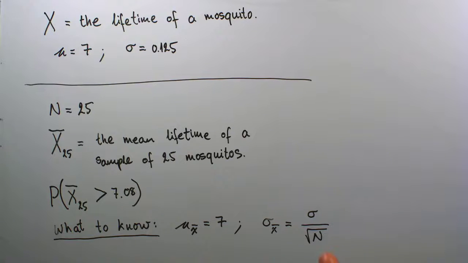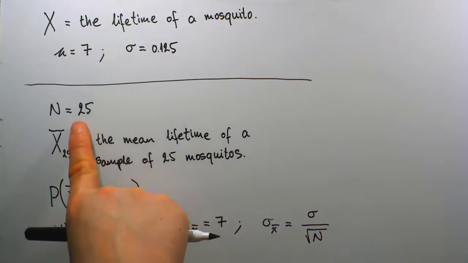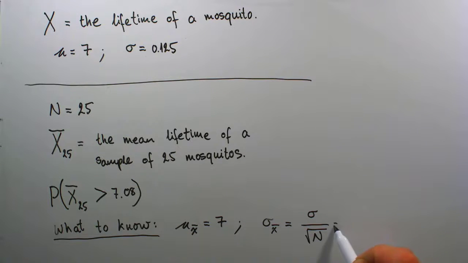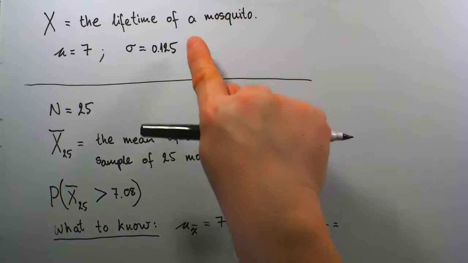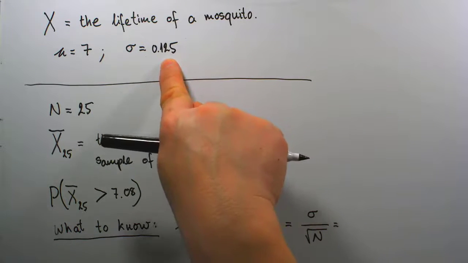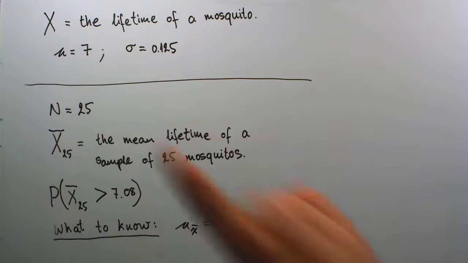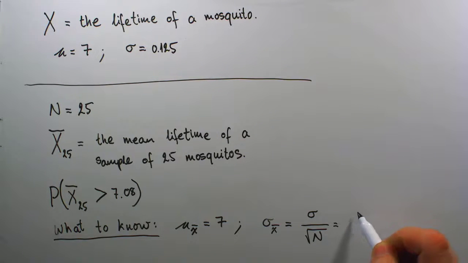Capital letter N, to be clear, is the sample size in each of our samples. And so in this case, we can have a calculation. The beginning population has a known standard deviation of 0.125. So here we can just simply do a calculation.